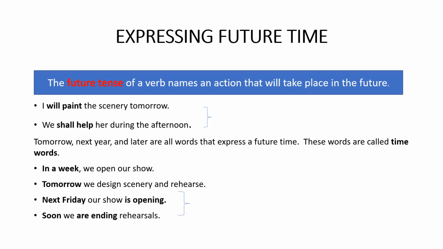In the given sentences, you can notice how the bold, that is the darkened time words and the present progressive forms express future actions. Next Friday, our show is opening. Soon we are ending rehearsals.